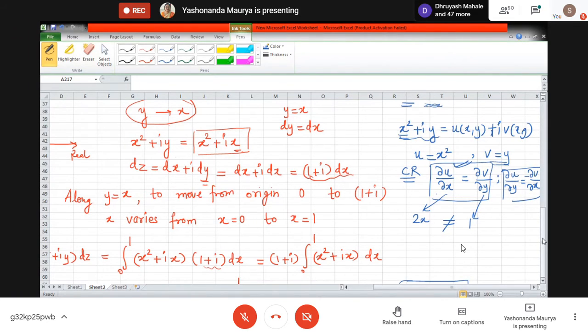If both are satisfied, the function is analytic. If even one equation is not satisfied, the function is not analytic, and we cannot make any firm conclusions; it may depend on the path. If analytic, then definitely it is independent of the path.